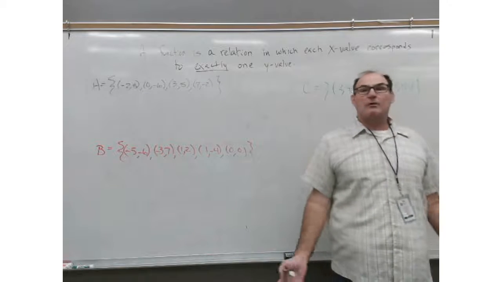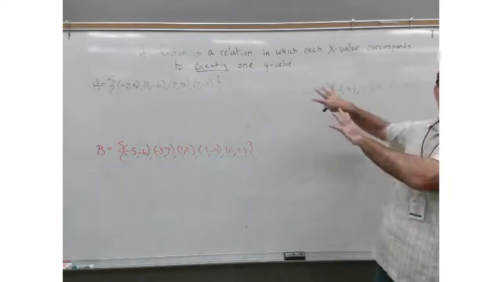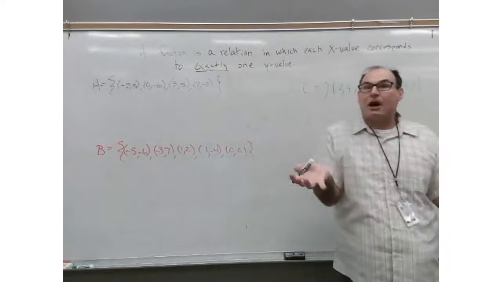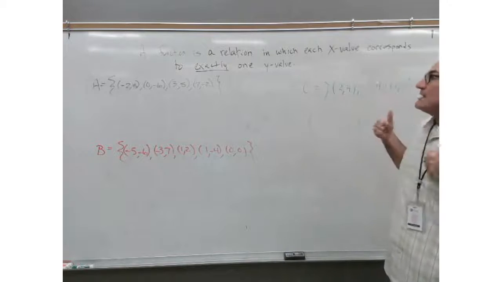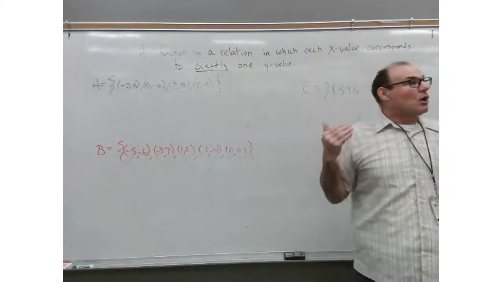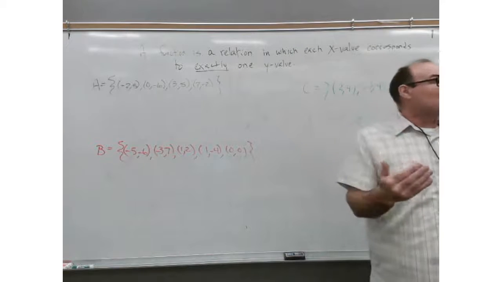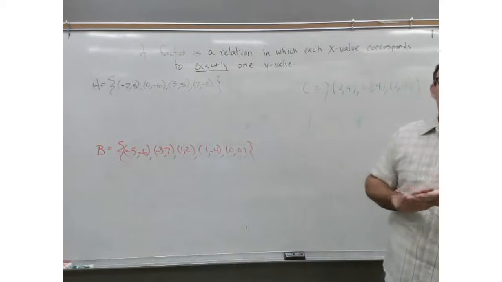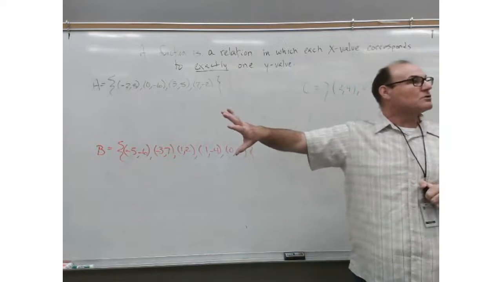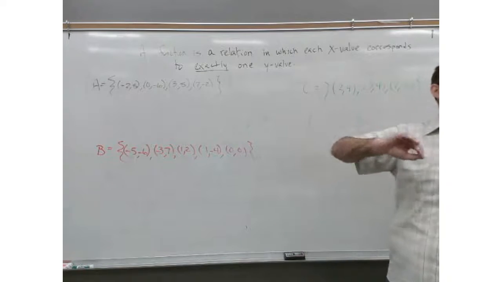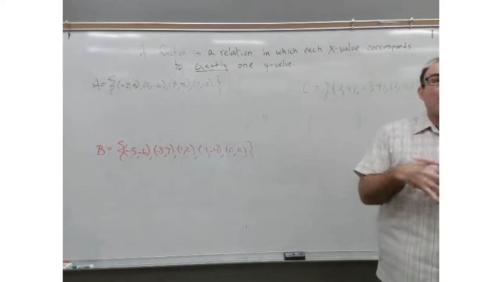As we look at these defined relationships and ones that are to come, we want to notice: does each x value correspond, or is it related, to exactly one y value? No more y values. So if an x value has more than one y value, it's no longer a function.